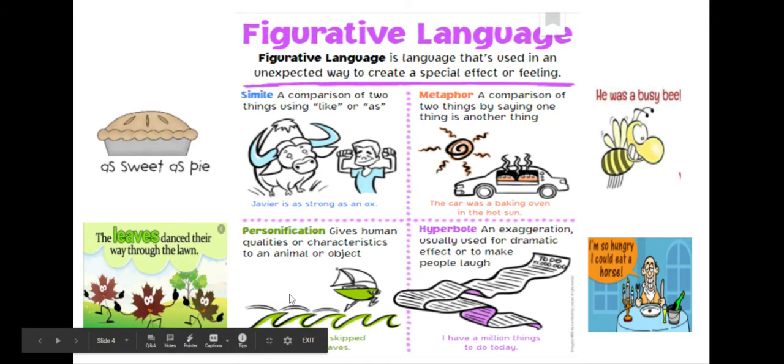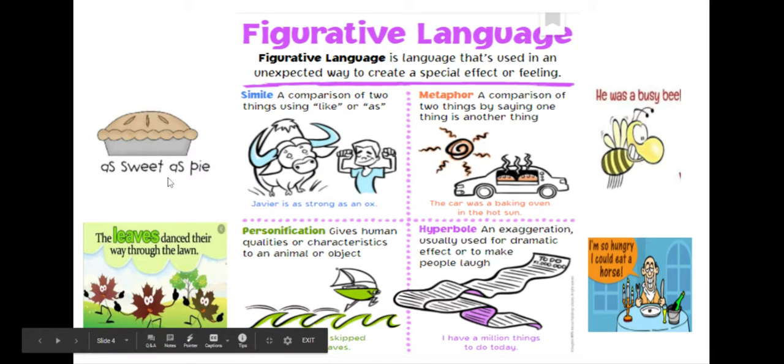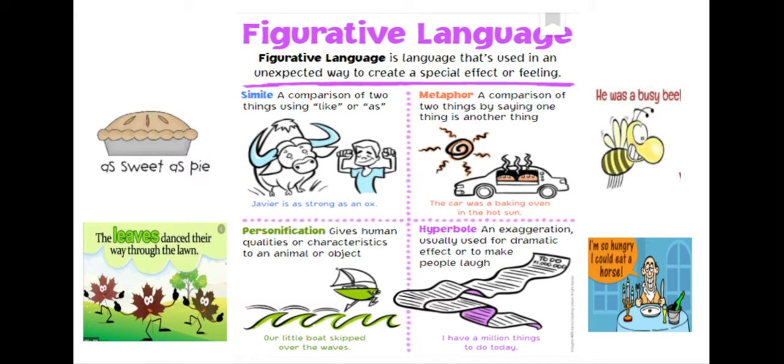Our example would be, the leaves danced their way through the lawn. Over here, obviously leaves don't typically dance, but if you ever watch leaves on a windy day and they kind of float across the ground, or they turn, or they look like they're doing cartwheels, some people would say they're dancing their way through the lawn.